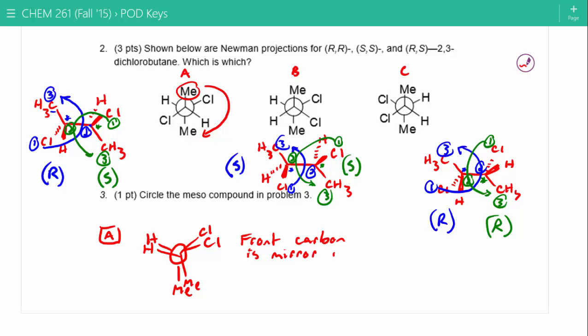Front carbon is a mirror image of the back. Therefore, this is meso. Meso compounds are achiral. So even though they do have stereocenters, they're not optically active, they are achiral. If we look at B and C, do you think B and C are chiral compounds?